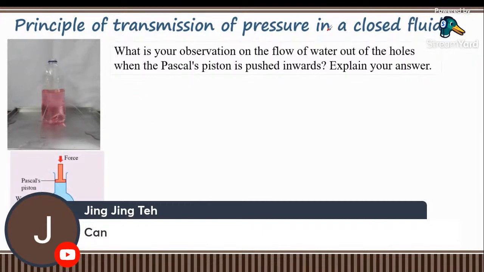Fluid kita akan lihat gas and liquid. So transmission of pressure in a closed fluid refers to either gas or liquid. Okay, sama ada gas or liquid, we call it fluid. Anything that can flow, we call it fluid.